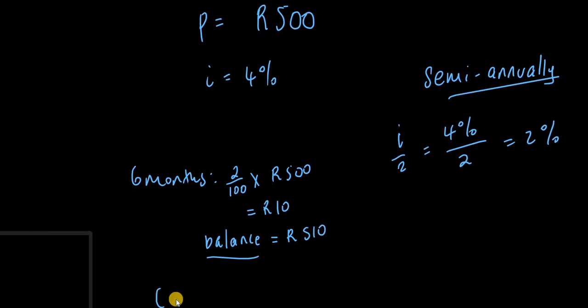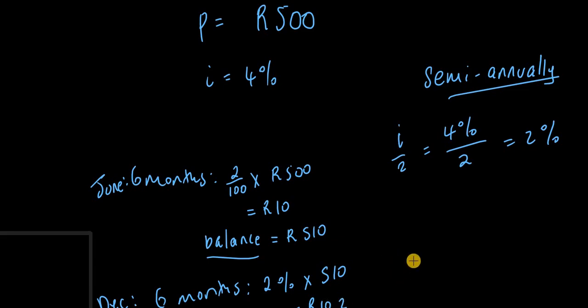Okay, then after the next 6 months, meaning now this was maybe in June, right? And now in December, to get how much you have, you say 2% again, but you're gonna multiply by the 510, the previous balance. So when you say 2 over 100, you multiply by that 510. The answer that you get is 10,2.